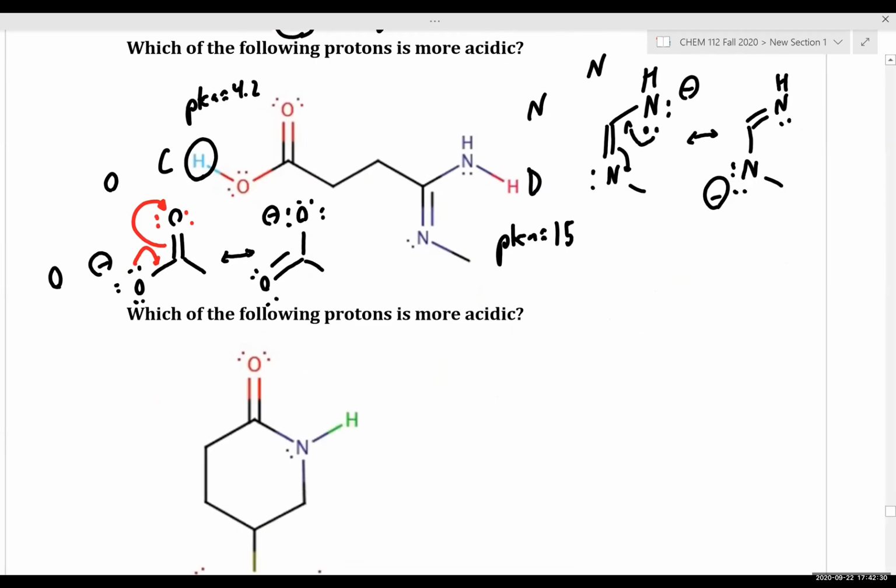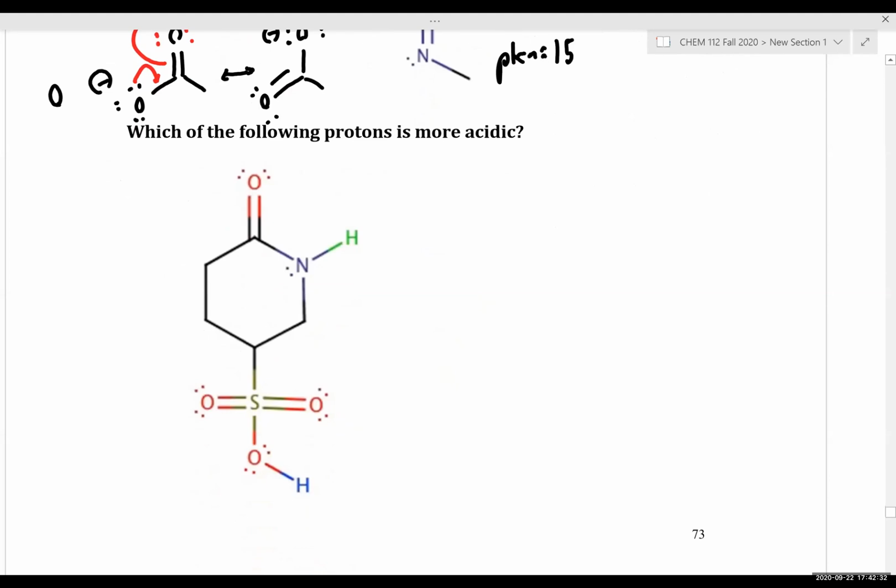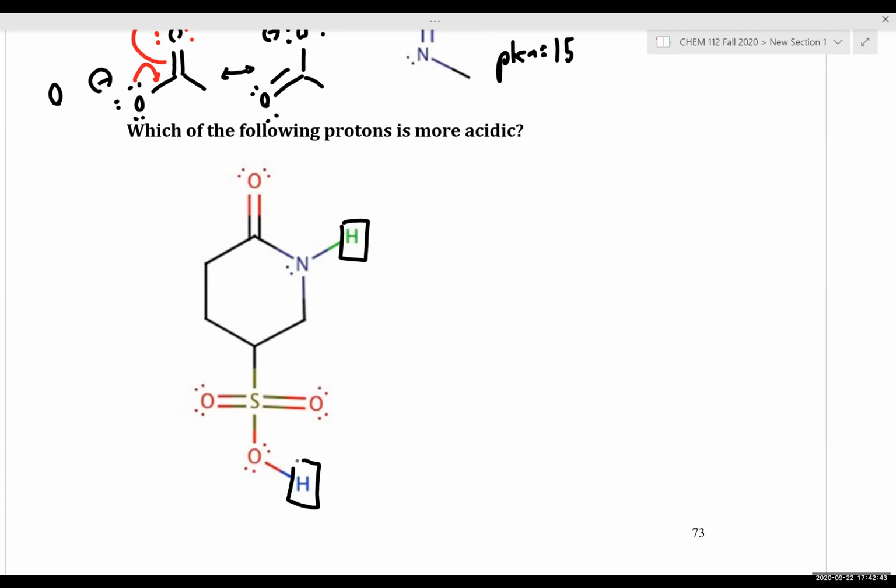Let's keep going now, and let's try to assign which of the following protons is more acidic. And not just which of these protons is more acidic, but why.